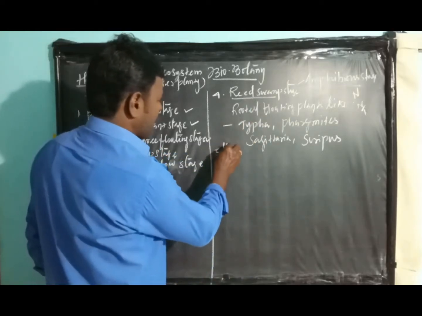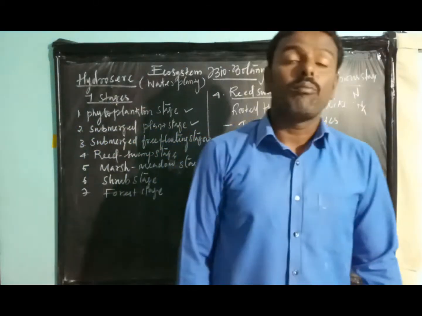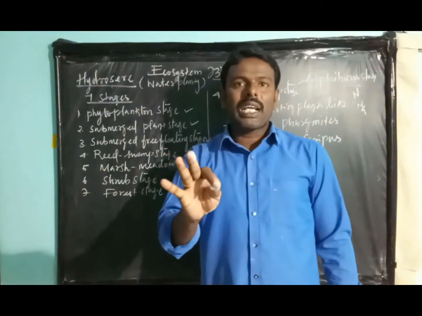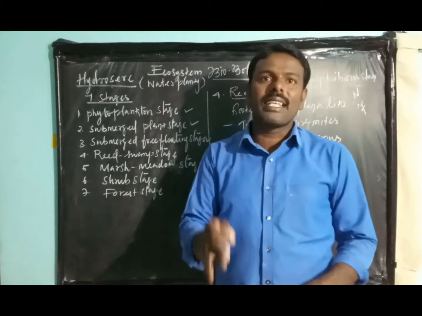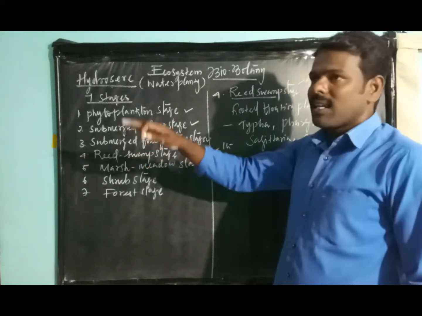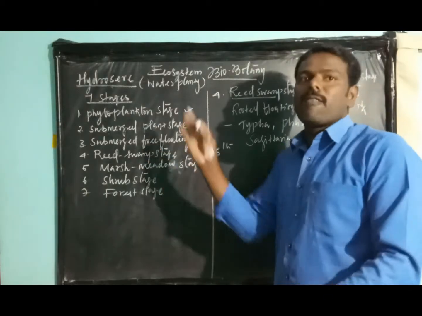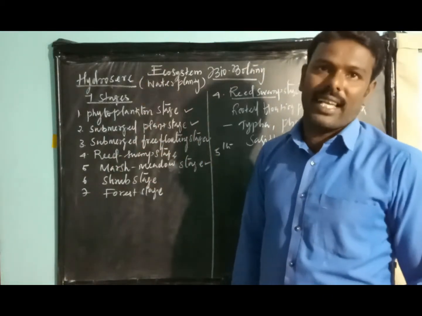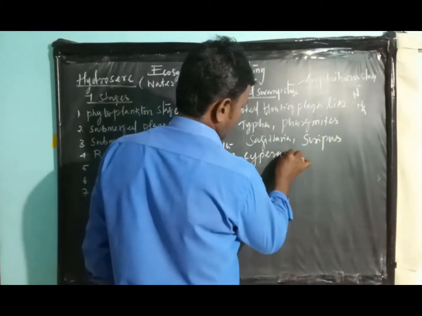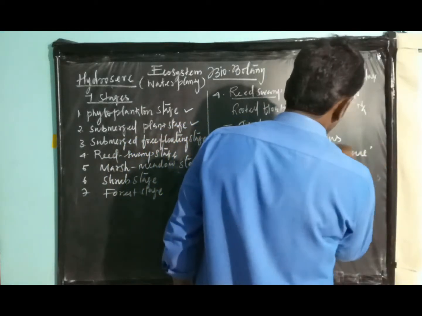The fifth stage is the marshy meadow stage. In this stage, the pond becomes shallow due to the decrease in the water level. Day by day the water level decreases. Other kinds of species arise, like Cyperaceae, Poaceae and others.